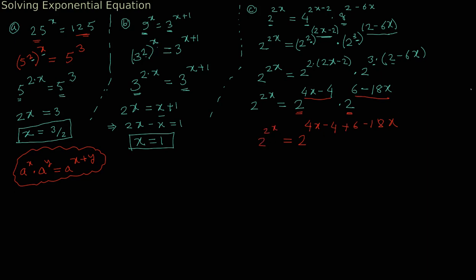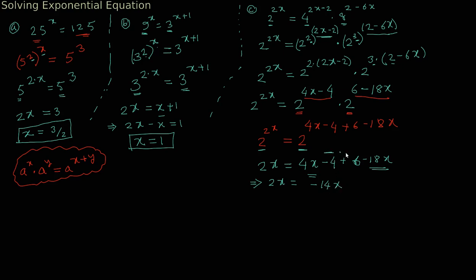Now both sides I have base 2, so I can write 2x equals 4x minus 4 plus 6 minus 18x. So this is a very simple equation. So 2x equals, here I have 4x, here I have negative 18x, so it will be negative 14x.